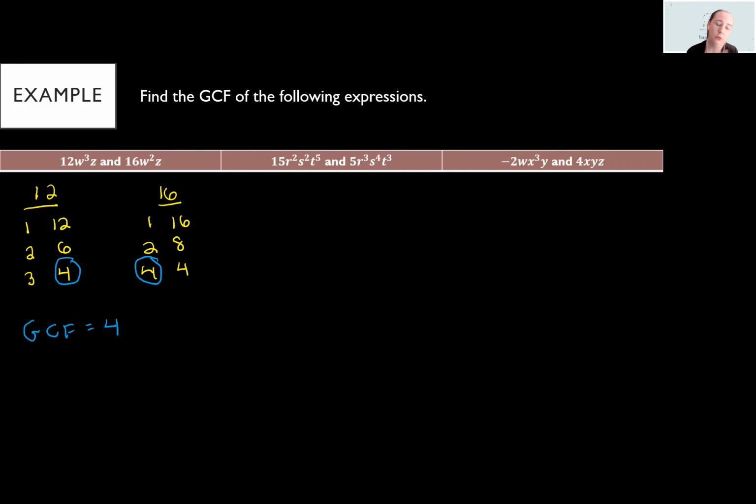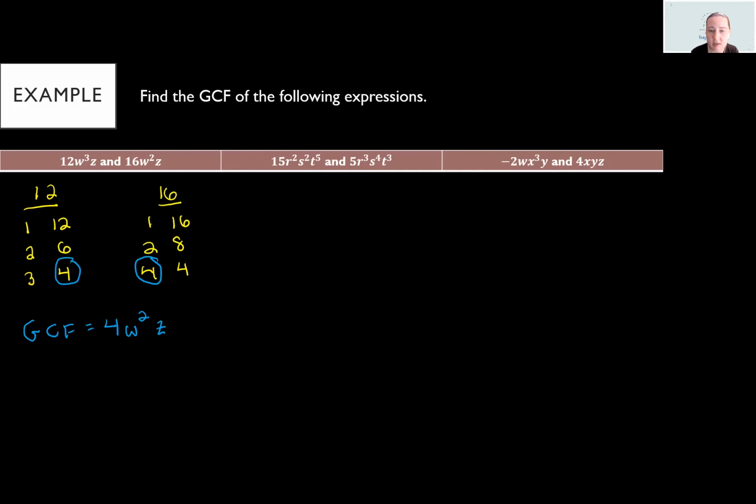Then you move to the variables and you just go letter by letter. So we look at W. We've got an exponent of 3 and an exponent of 2. So 2 is a smaller exponent, so we're going to have W to the second, W squared. Then our next variable is Z. We've got a Z and a Z. If it's the same thing, then that's in common.